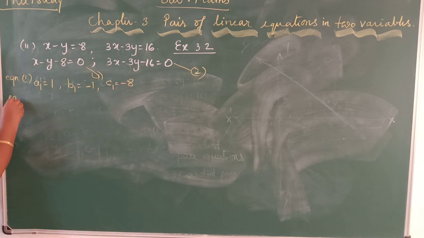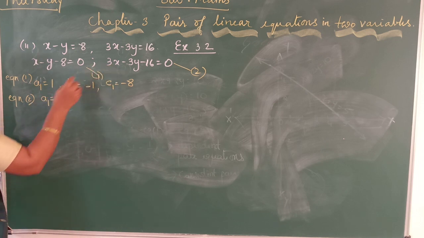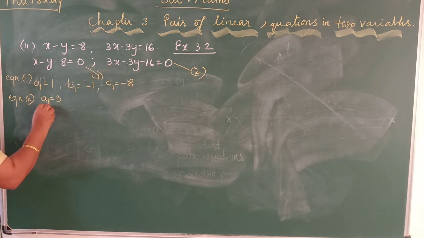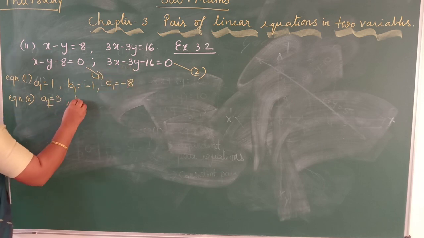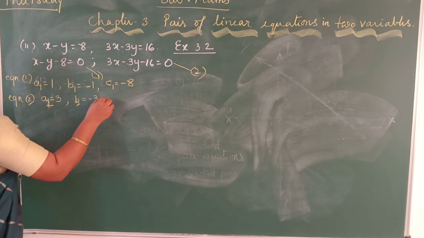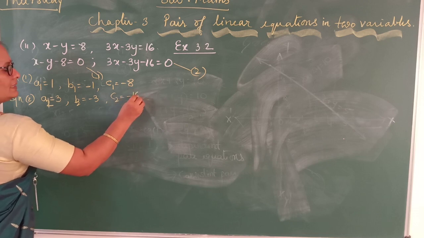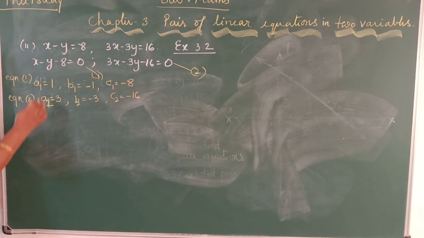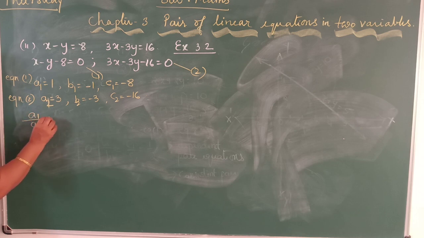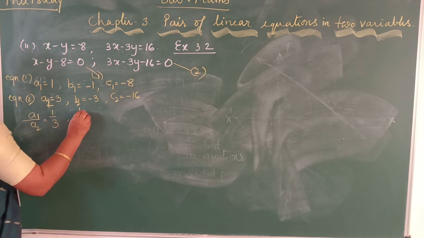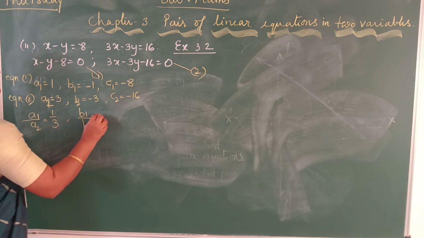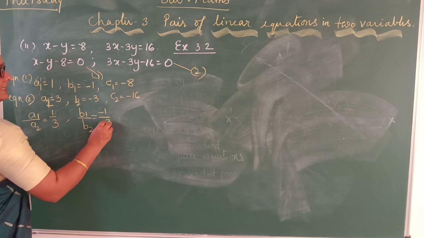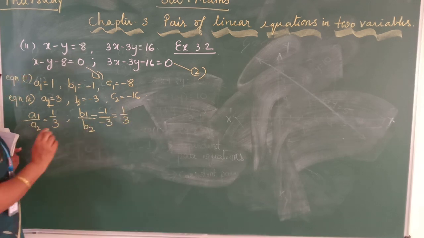In equation 2, what is the coefficient of x? That is 3. And the coefficient of y is minus 3 and the constant term is minus 16. Now, take the ratios. a1 by a2 is 1 by 3. Then b1 by b2 is minus 1 by minus 3, which is also 1 by 3.